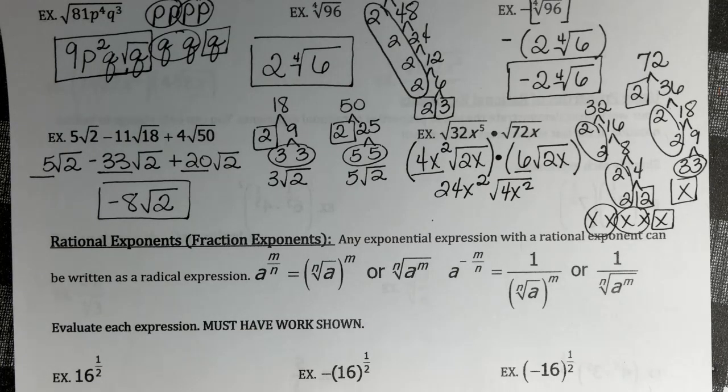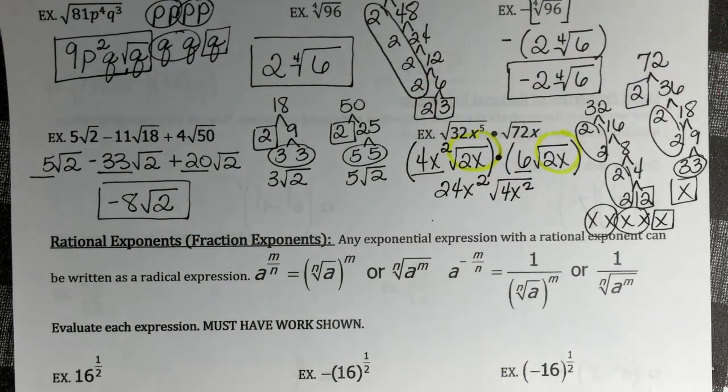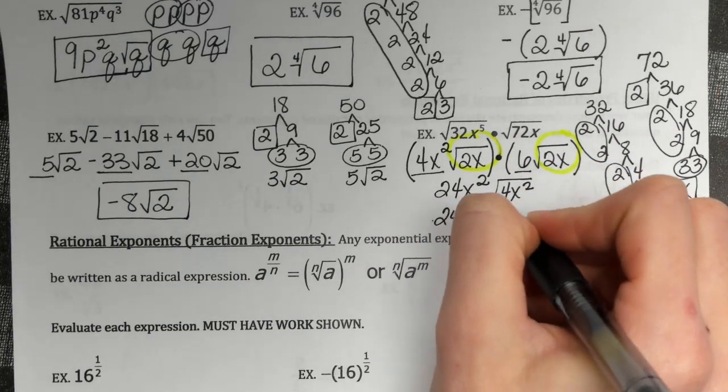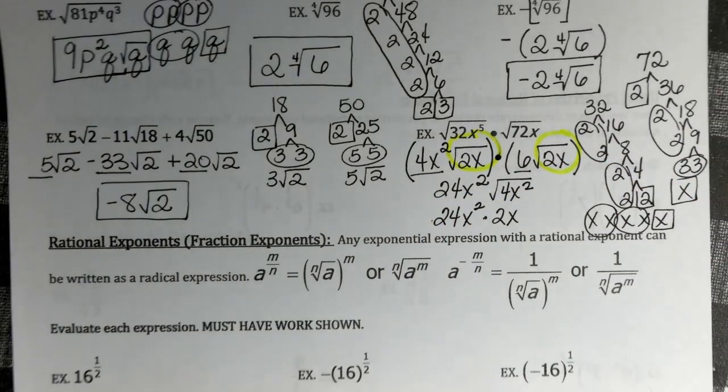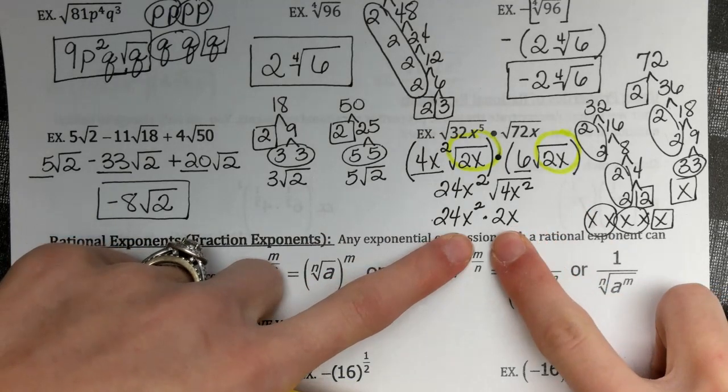Did you really need that 4x squared? What should you have recognized? It's the same thing. What's the square root of 6 times the square root of 6, if I just gave you that? 6. Square root of 10 times square root of 10. 10. So this is really just 24x squared times 2x. But had it been a 2x and a 3x, you still need to do that. But since it's the same, if you can jump straight to this, I'm fine with that.